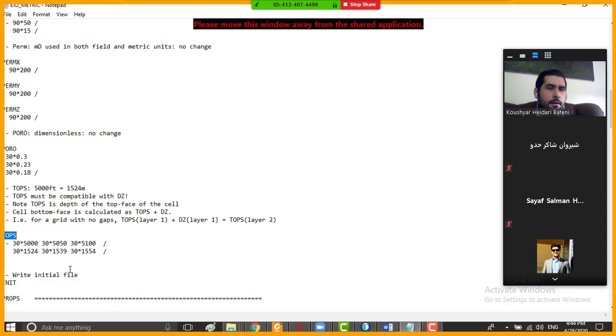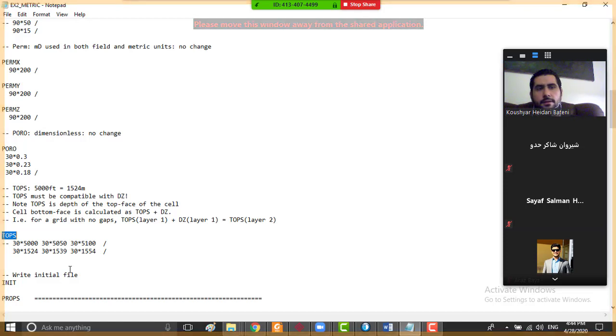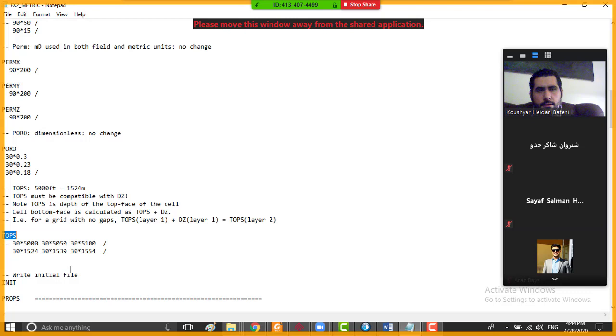Okay, so this reservoir that we are simulating has 3 layers, and we know that the depth of the top layer is 5,000 feet. Okay, so for the 30 blocks that we have in the first layer, the depth is going to be 5,000. For the blocks in the second layer, the depth is going to be equal to what?